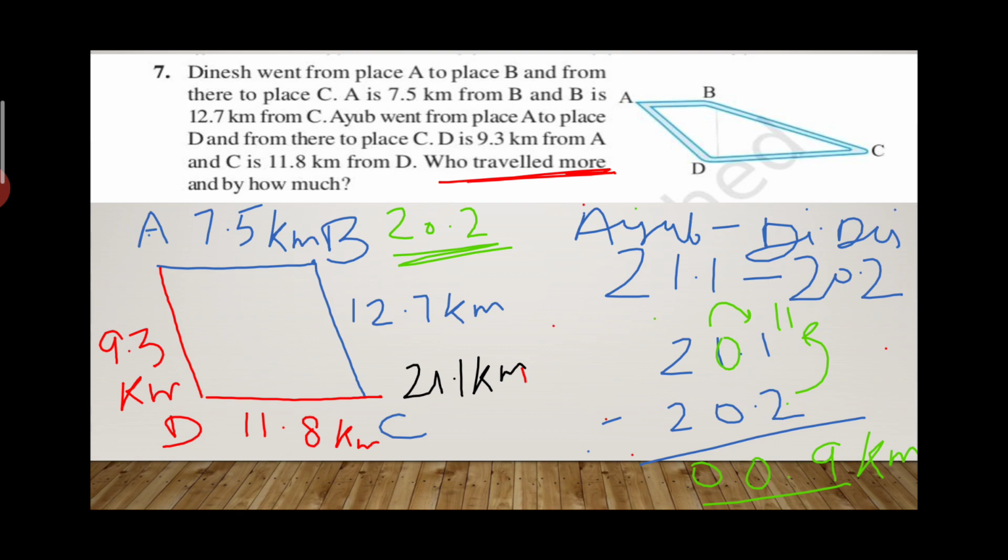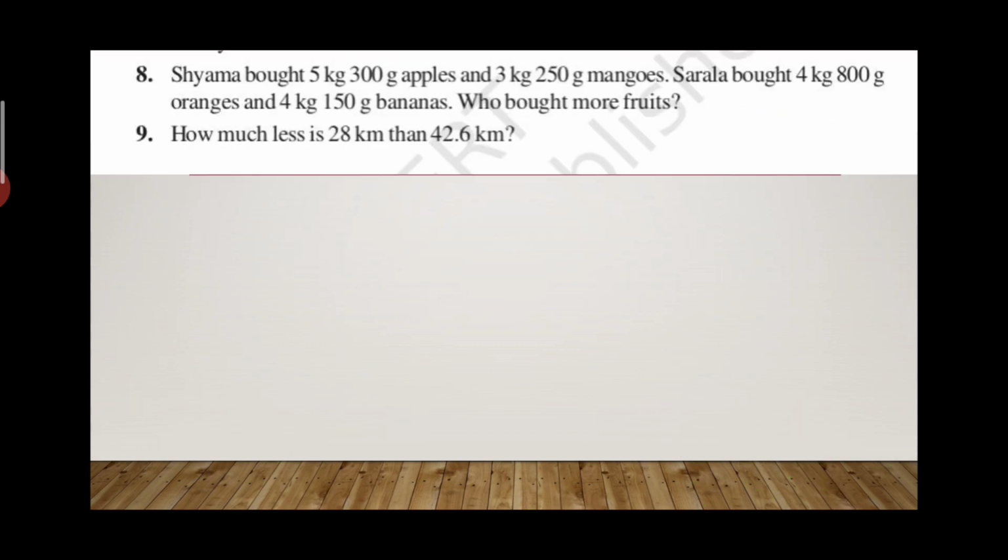Now moving on to question number 8, that is Shama bought 5 kg 300 gram apple and 3 kg 250 gram mango. Another girl, Sarla, bought 4 kg 800 gram orange and 4 kg 150 gram banana. Who bought more fruits?